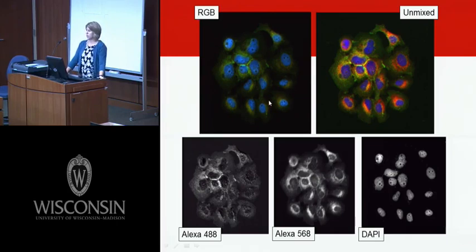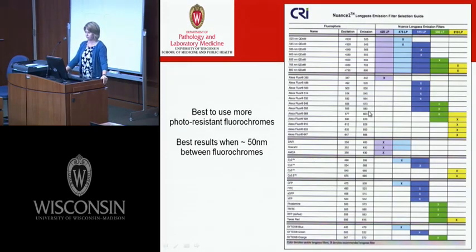When the spectral library is created and the specimen or the image is unmixed into its individual cubes for each fluor, and the unmixed composite image is generated, you can see that it is very similar to that which the manufacturer provided. This works very, very nicely.